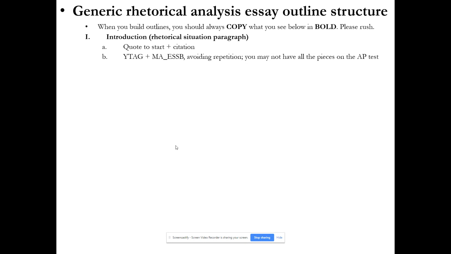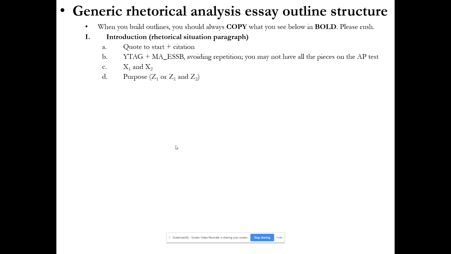Then, of course, the why tag and all the elements of rhetorical situation. That's MAPS without the P, because purpose comes at the end, rather. You should avoid repetition across the why tag and rhetorical situation. Also, the AP test is going to give you the text and a little paragraph of background and the prompt all together, and that's it.